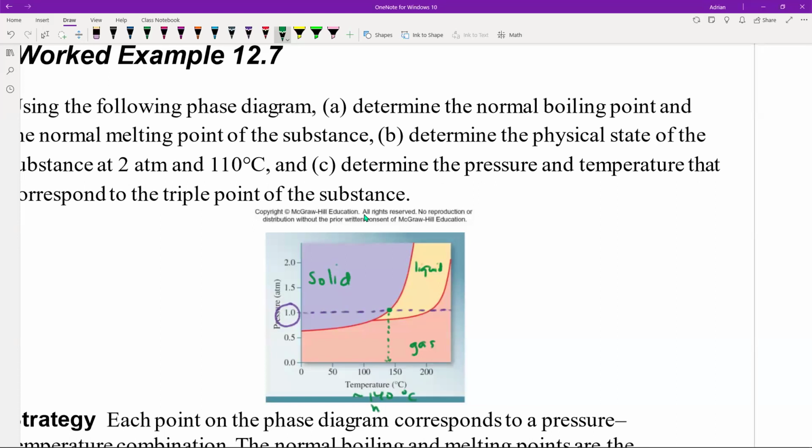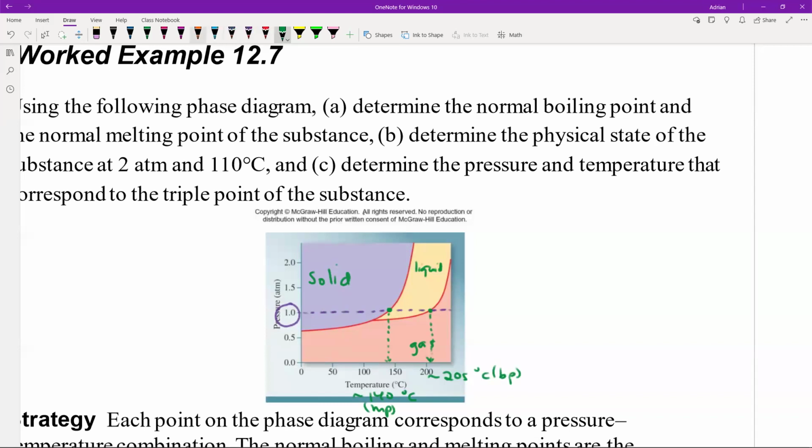But follow that further along the line at 1 atm, where we go from the liquid to the gas phase, right about here. That would be the normal boiling point, and that would correspond to just over 200, so maybe about 205 or 210 degrees Celsius. That's the boiling point, right? And again, those are under conditions of 1 atmosphere pressure.